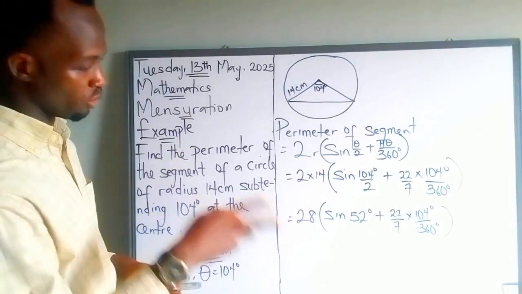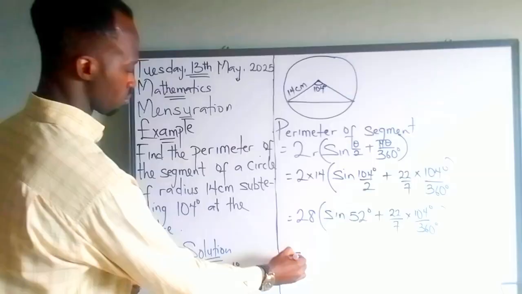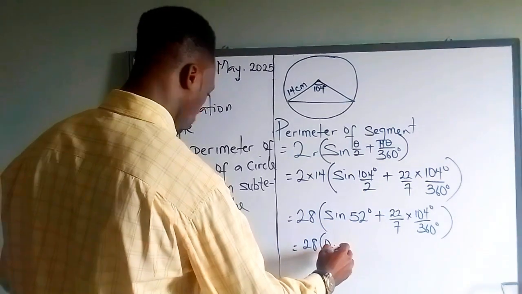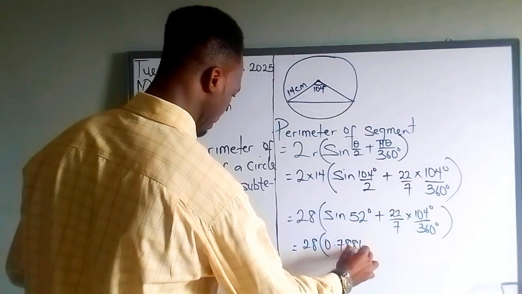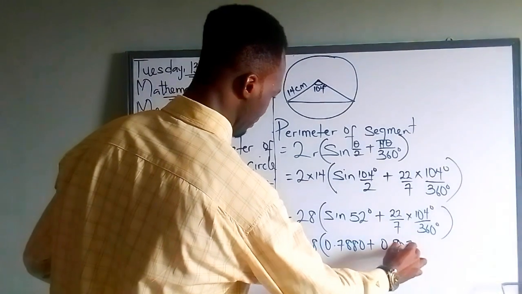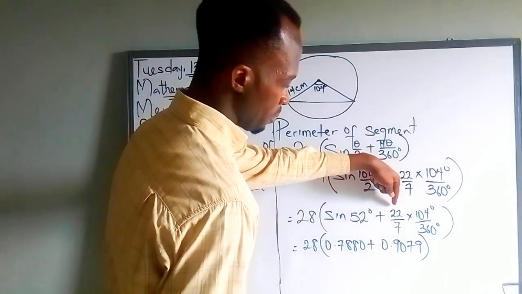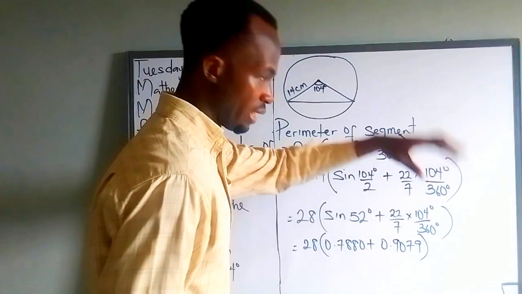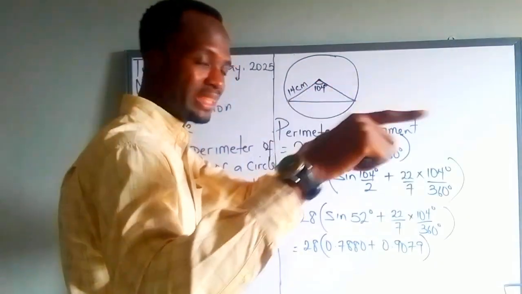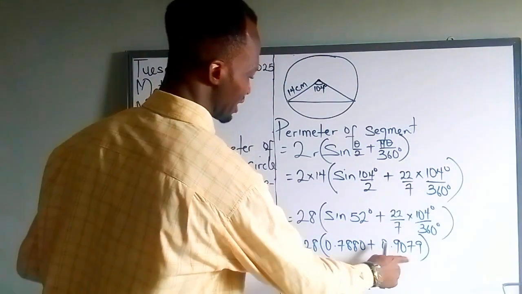So I'm also going to do it here, and I'll write the final answer there. Sine 52 is 0.7880. Now plus 0.9079. Like I explained earlier, what you are going to do here is multiply 22 by 104, get your answer, then divide it by open bracket 7 times 360 degrees. You are going to punch that in your calculator, and you are going to get 0.9079.